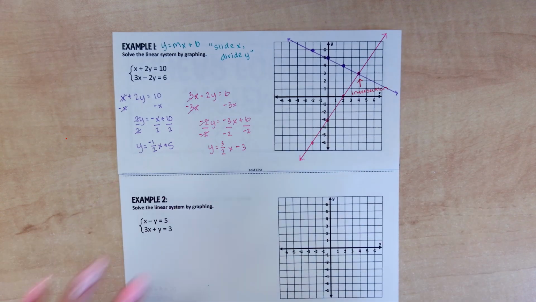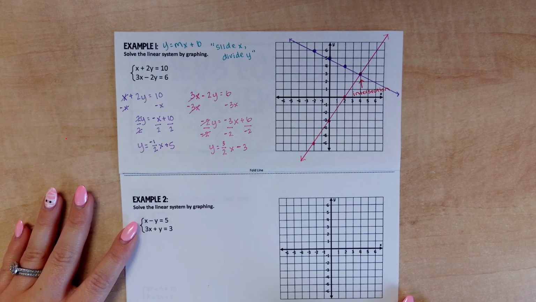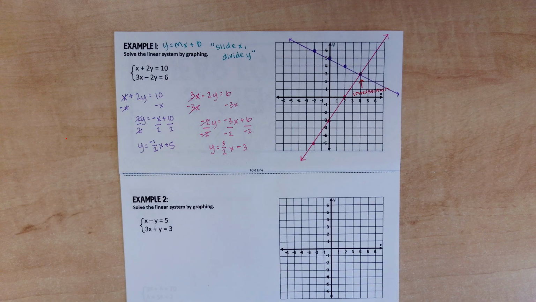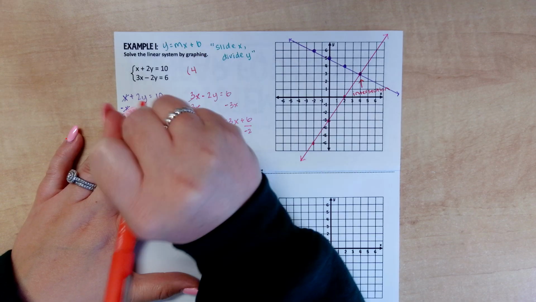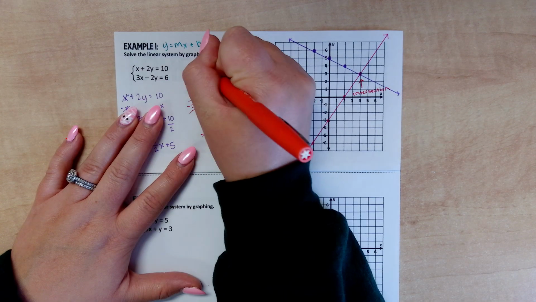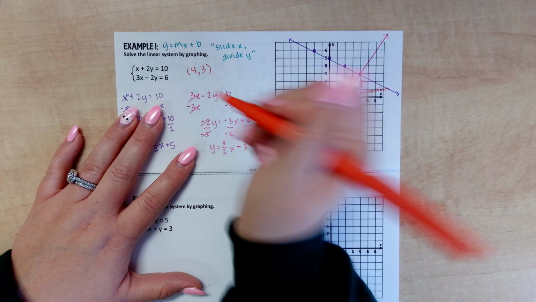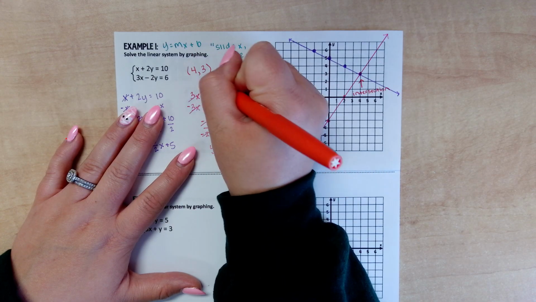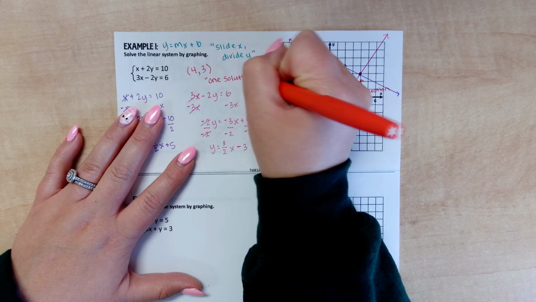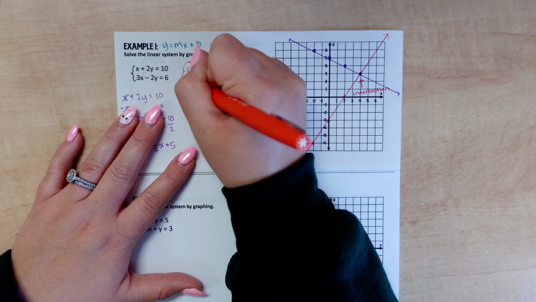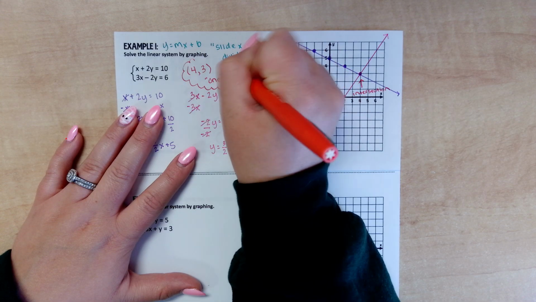Anytime they tell you to solve some sort of linear system, either it's graphing or one of the other two examples we're going to see, you're just trying to figure out what the graph has going on. And this one has an intersection at 4 and 3, it looks like. So that would be the solid answer, and this would be called a one solution. The reason for one solution is because they intersect at a singular point.